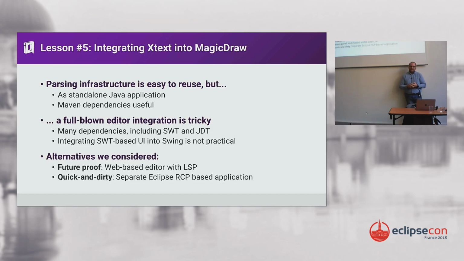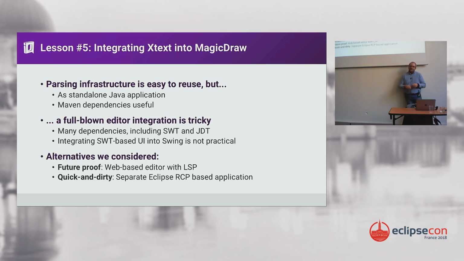Obviously, Xtext itself is architected in a good way in the sense that a lot of the things that it provides are easy to reuse and package, like the parsing infrastructure, which can be deployed basically as a standard application. But if you want to integrate a full-blown editor, which also has a lot of UI Eclipse dependencies, that's a lot more tricky.